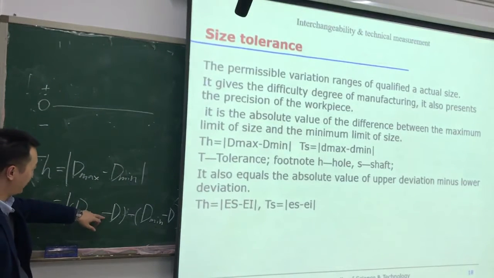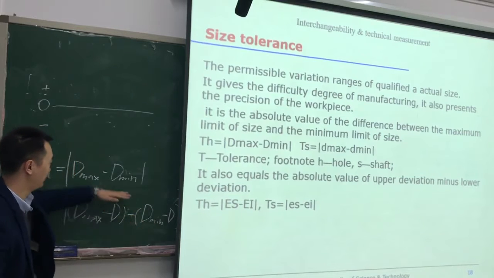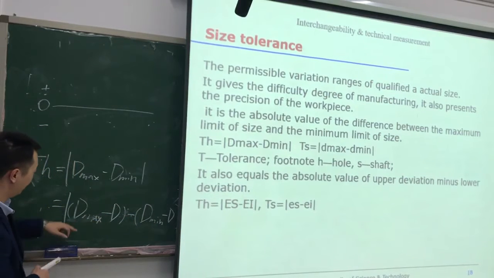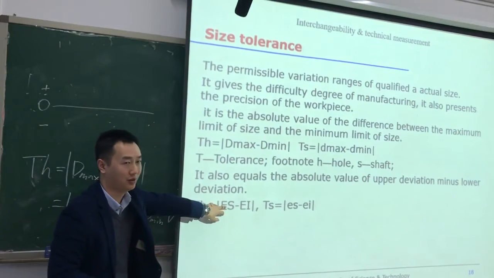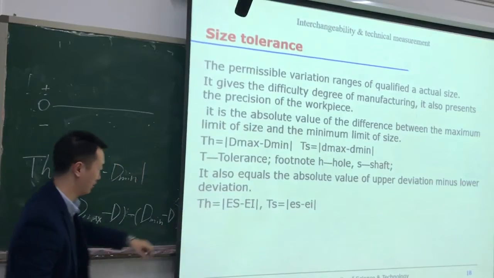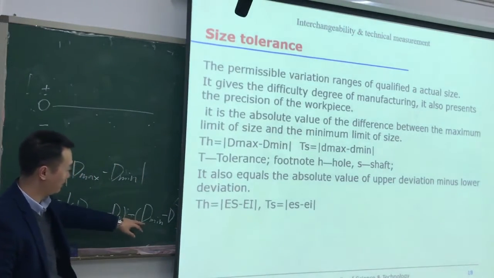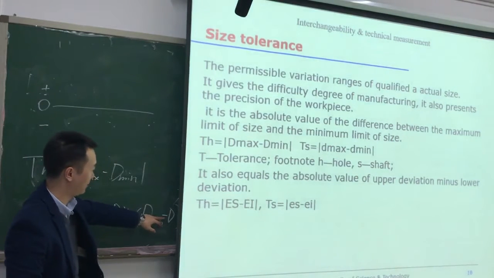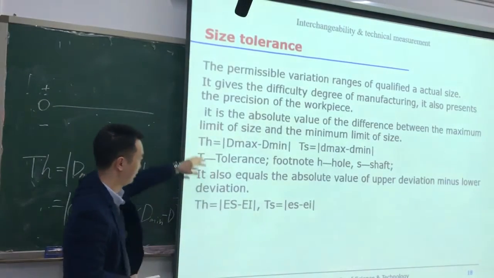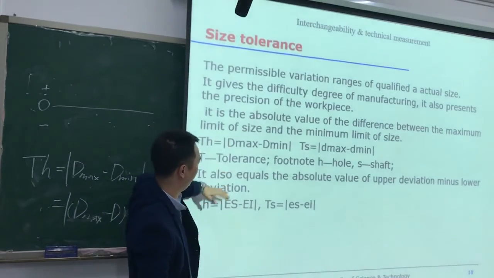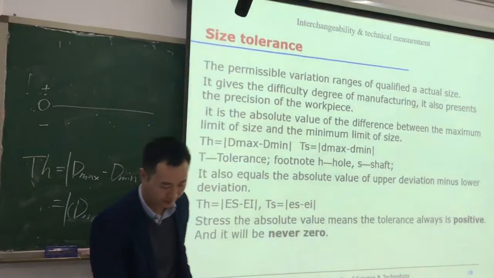We subtract D, and with the minus sign it becomes plus D, so the two equations are the same. The maximum limit minus D equals capital ES, the upper deviation, and the minimum limit of the size minus capital D gives EI. So these two forms of the equation are the same.